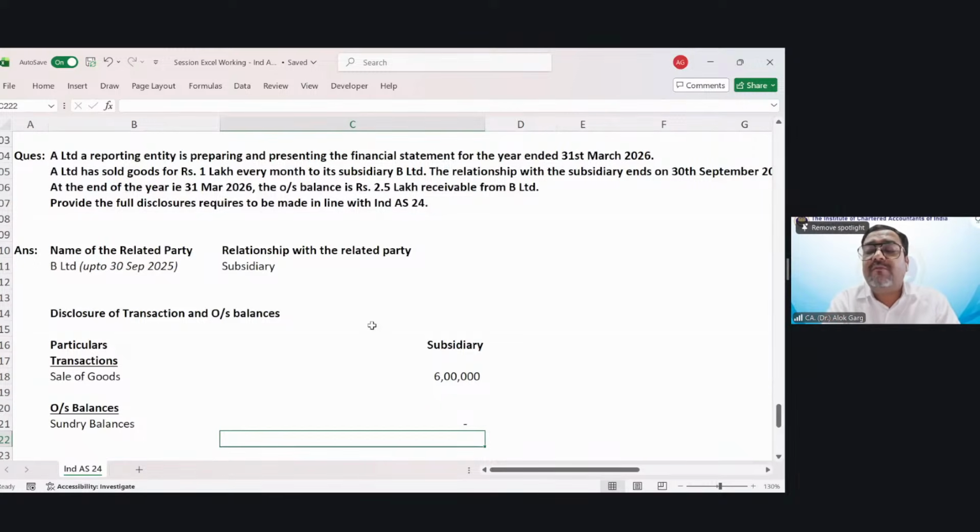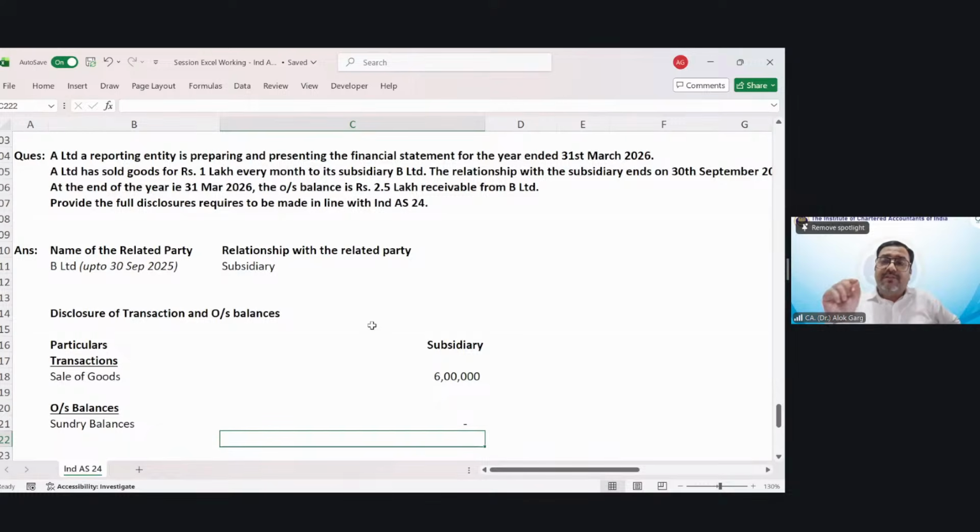Whenever there is a disposal of a subsidiary during the year, they prepare the financial statement till the cutoff date, the P&L and cash flow, wherever it is for the year ended, I mean periodic balances, and consolidate it in the consolidated financial statement. So I'm not saying related party transaction, the 6-month P&L of B Limited is required to be consolidated in A Limited.